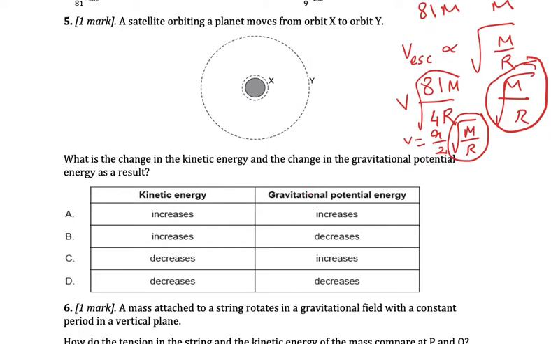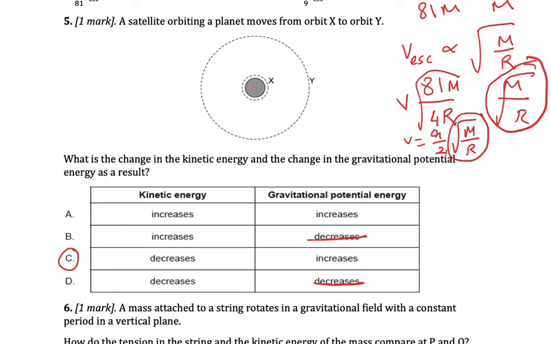Number 5, answer is C, because we discussed the higher orbit, since it's at a larger height, has larger gravitational potential energy, so we eliminate these two. And at a higher orbit, the kinetic energy would be less to maintain.